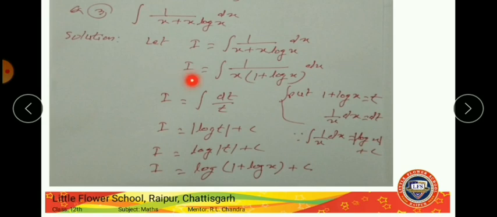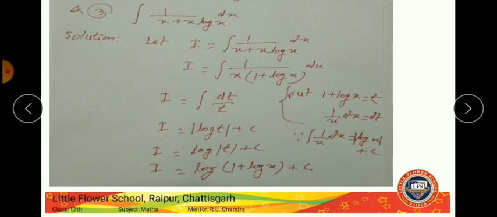Here I is equal to the integral with x taken common out of the denominator. Under the bracket we can write 1 plus log x. Now put 1 plus log x equal to t. Selection of t is very important. The differentiation of 1 plus log x is 1 upon x, so dx upon x is equal to dt.